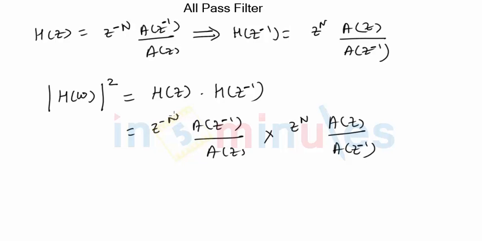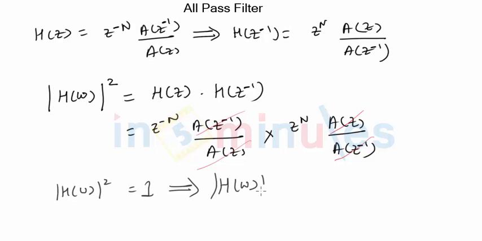You can see that z raised to minus n into z raised to plus n will give you z raised to 0, which will be 1. A of z inverse will cancel out, a of z will cancel out. So finally I'm going to get mod h of omega squared equal to 1. Now if that is the case, and if I take the square root, then mod of h of omega will be equal to 1. So according to definition, the filter that we had taken becomes an all-pass filter.